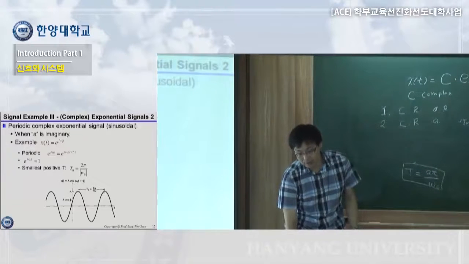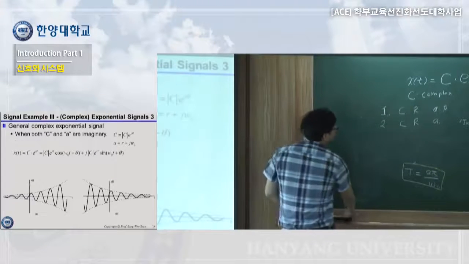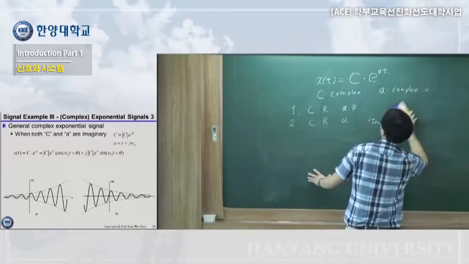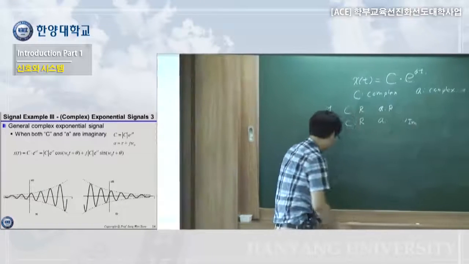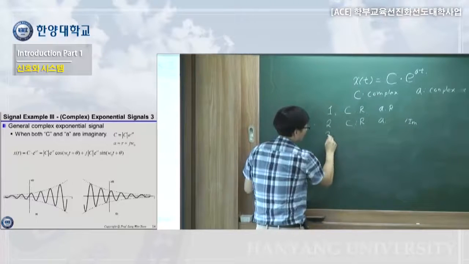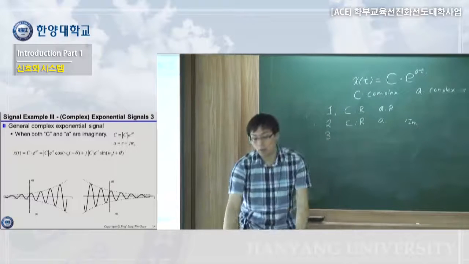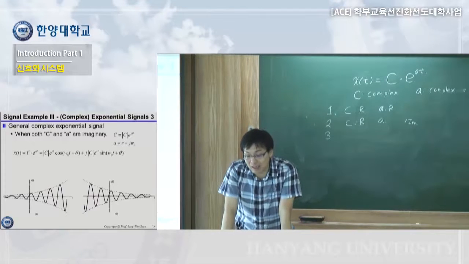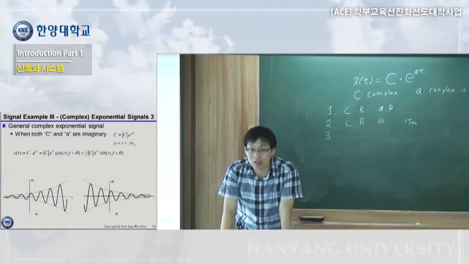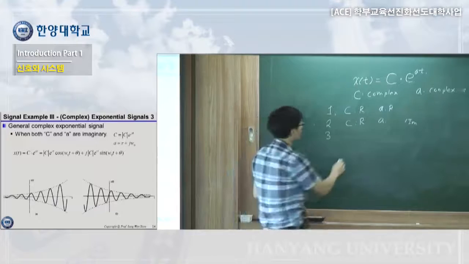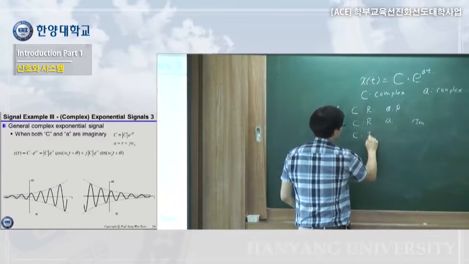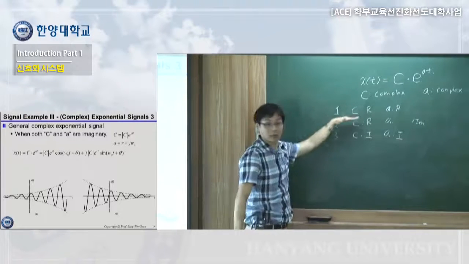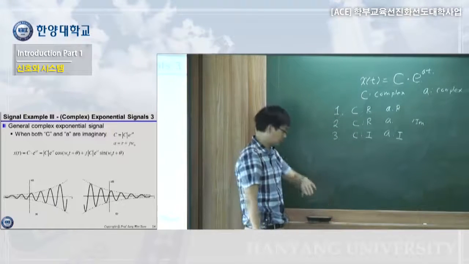What will be next? Of course, you can think that, number 3: when both C and A are imaginary. So C is imaginary now, A is imaginary now. So it becomes more complex.